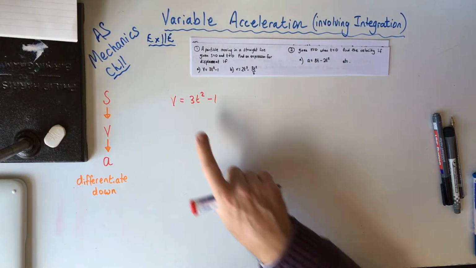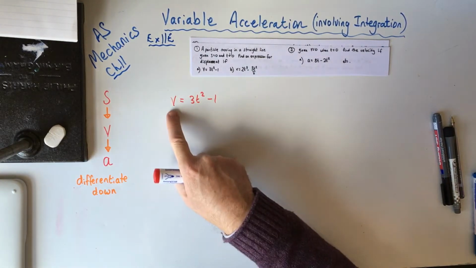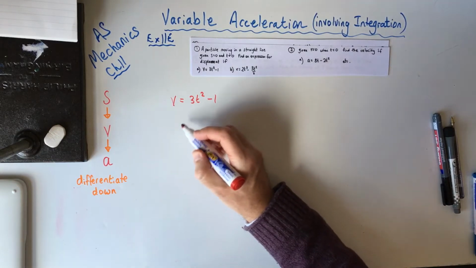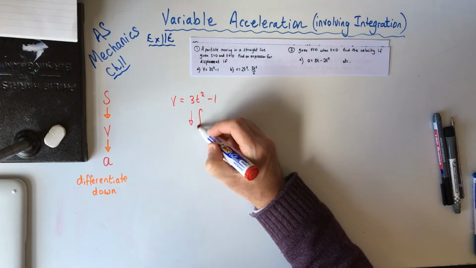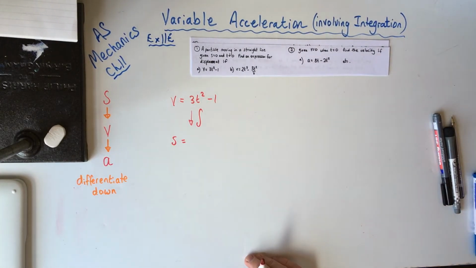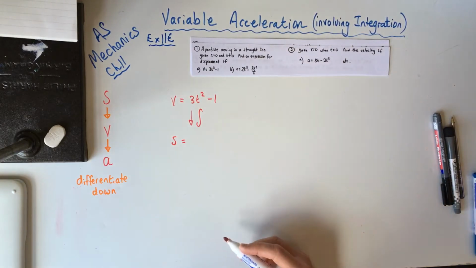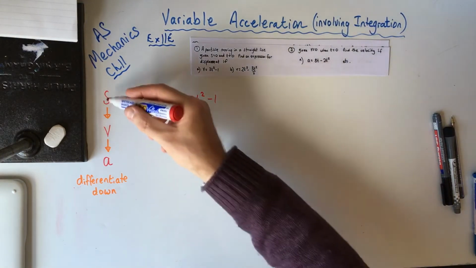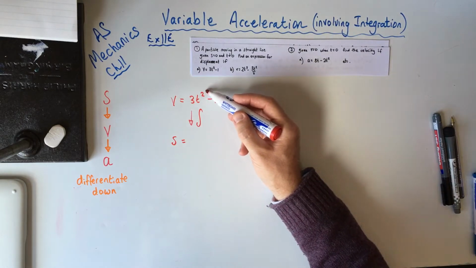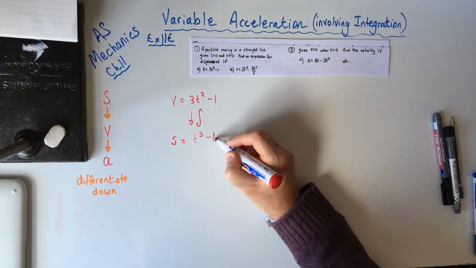Okay, so we know going up we integrate. So if we integrate the velocity with respect to t, we get an equation for the displacement. I'm just going to use the letters now, rather than dv by dt and all of that. So we add 1 to the power and divide by the new power, so we get t cubed, and that becomes minus t.